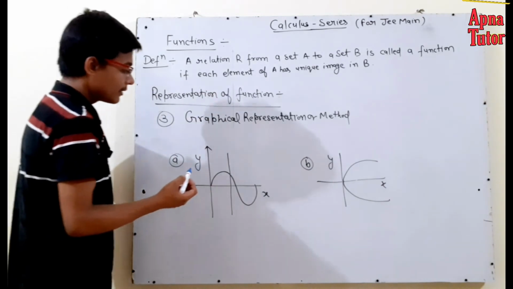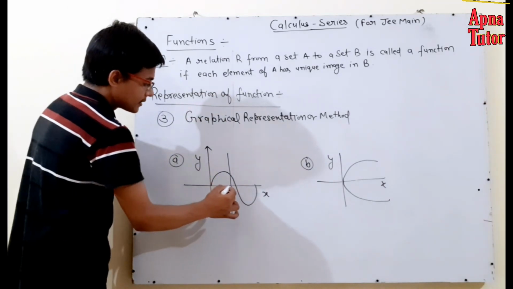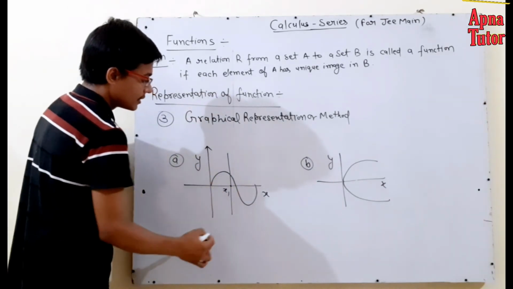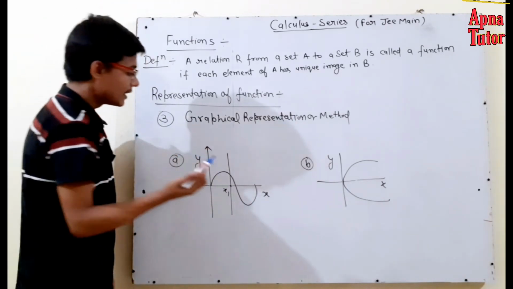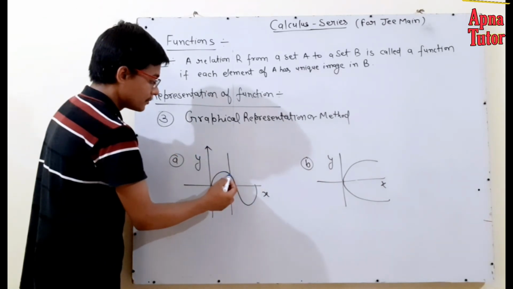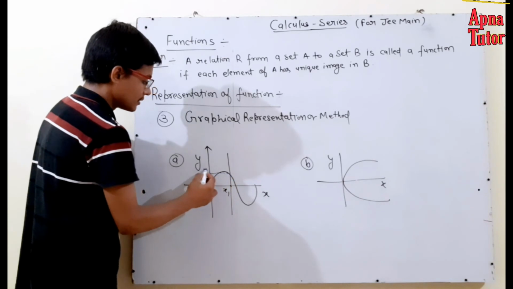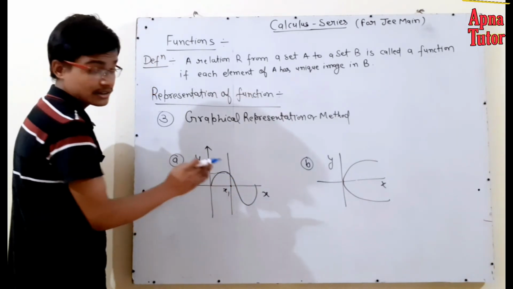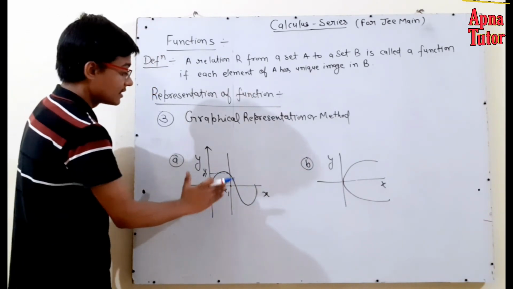Obviously you will draw a vertical line. What will happen? For a particular value of x, suppose this is x1, you get only a unique value on this curve, which is y1. So you can say that this relation is a function.